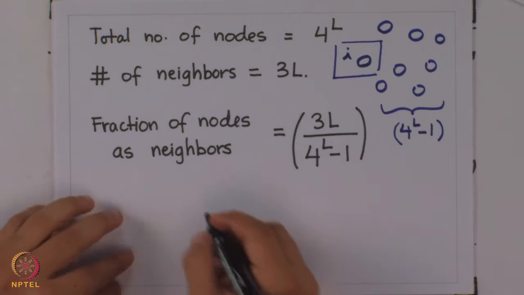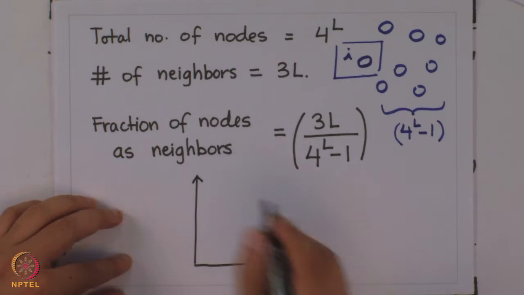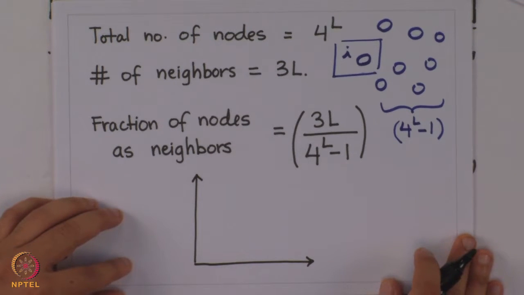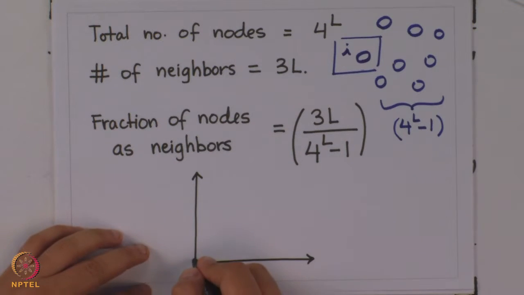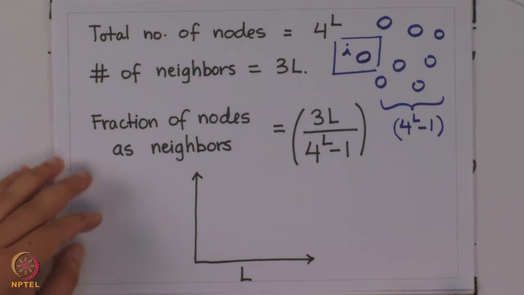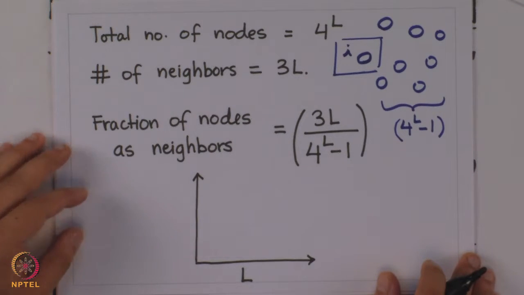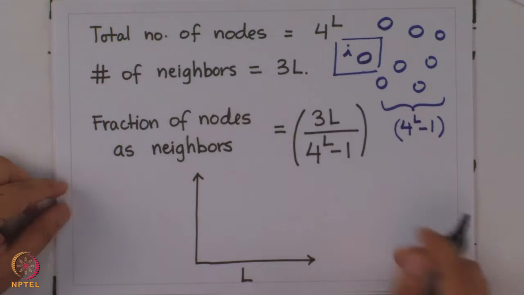And now, what I would like you to do is perhaps pause the video for maybe 30 seconds or so, and then try and plot this graph and see what you expect this behavior to be. The x axis represents increasing length of the DNA sequence that we are talking about. The y axis is the fraction of nodes as neighbors that every single node in this graph has.